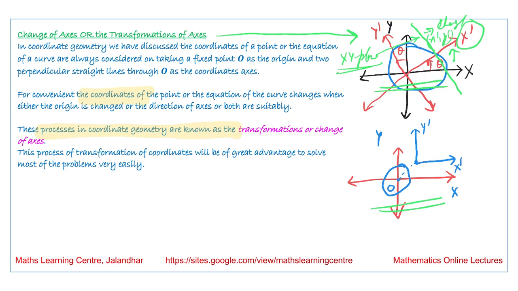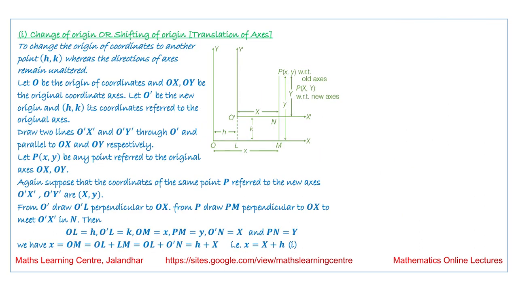First we are talking about the change of origin, or shifting of the origin. Suppose these are the axes that we have: this is the x axis, this is the y axis, and this is the point O, the origin.